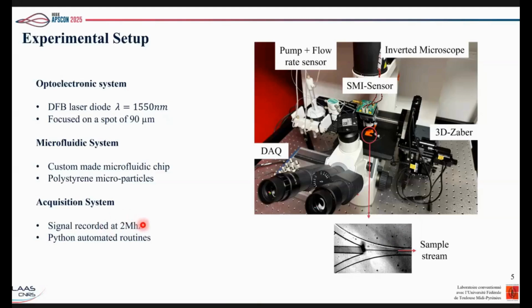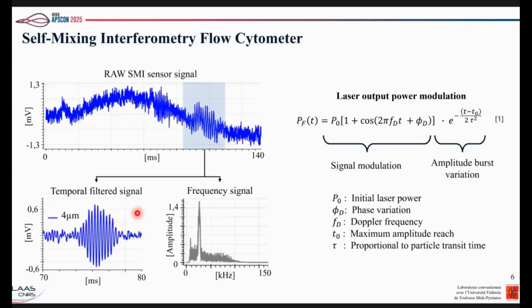So if we go deeper, these are, for example, the signals that I am using, the response of our sensor. In order to analyze these signals, we can work both in the temporal domain and in the frequency domain. In the temporal domain, we are going to have this specific modulation that can be explained using this equation model.